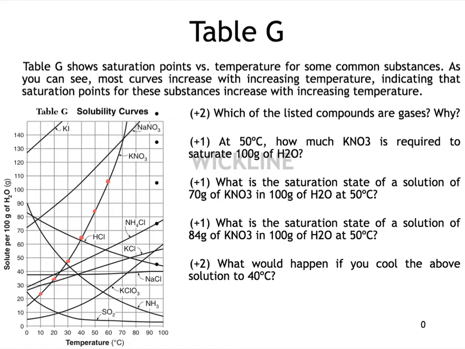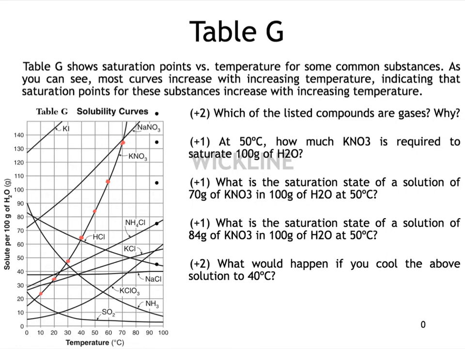And if you do that over and over again for many different substances, you get a series of curves, which you can refer to as Table G. So Table G is really just a series of curves that represent the saturated solution for that compound in 100 grams of water, that's important, at a specific temperature. So we can answer some amazingly specific questions about specific compounds at specific temperatures and specific masses of water just using this one table. It's a little intimidating at first, so let's do some examples.